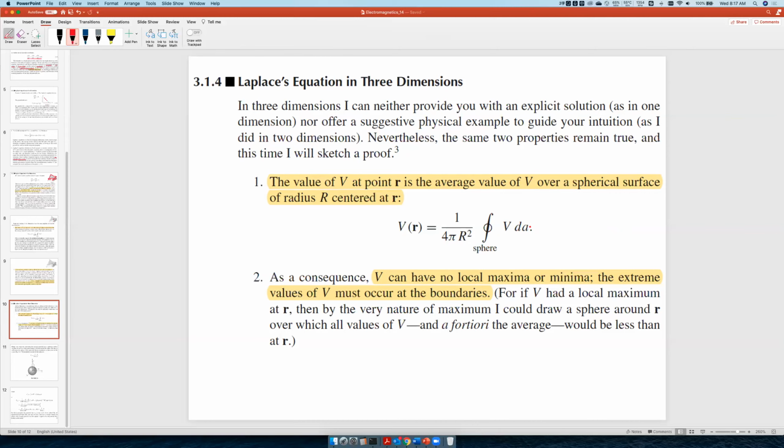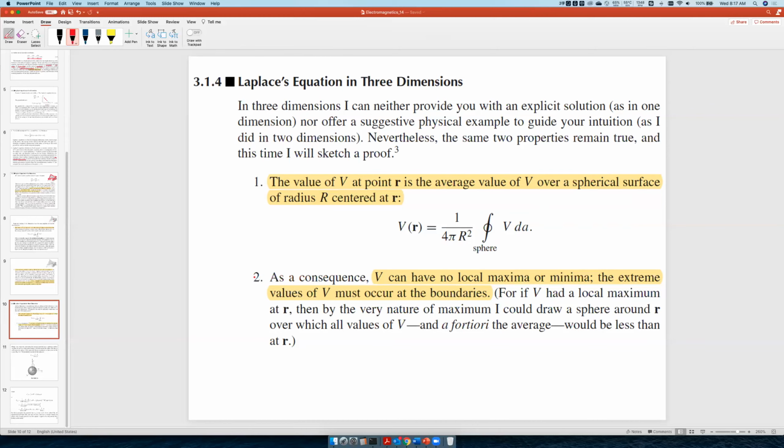We know the surface area of a sphere is 4 pi r squared. So if we integrate over the surface and divide by 4 pi r squared, you get the mean value. So the mean value on this centered spherical surface equals the value of V at the center.